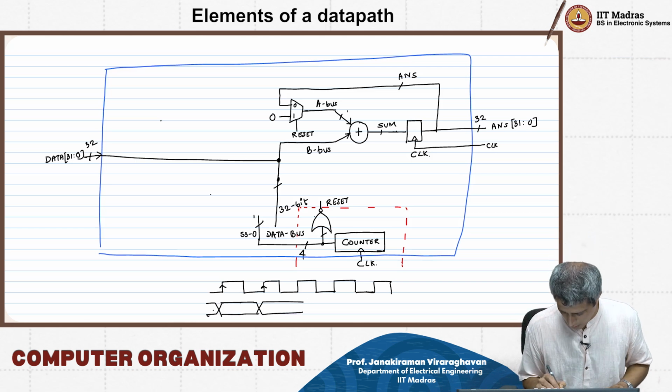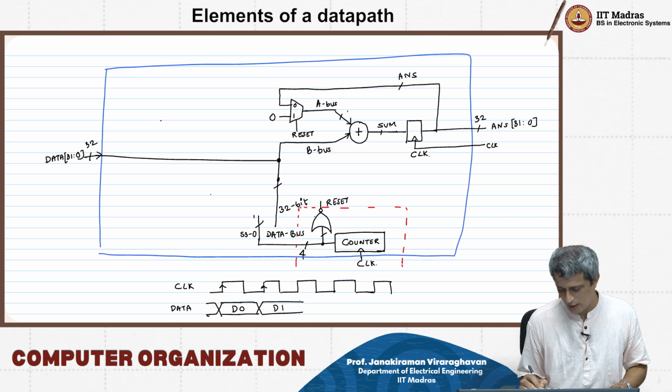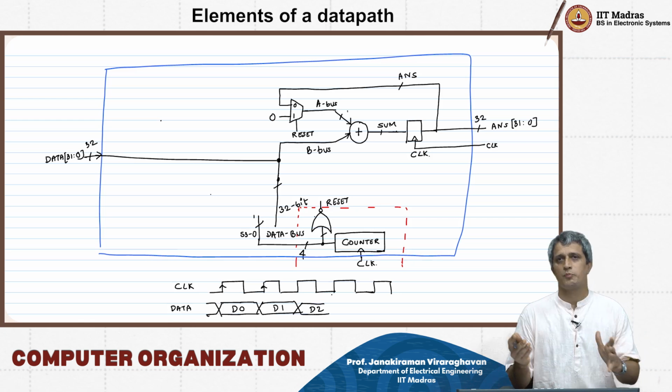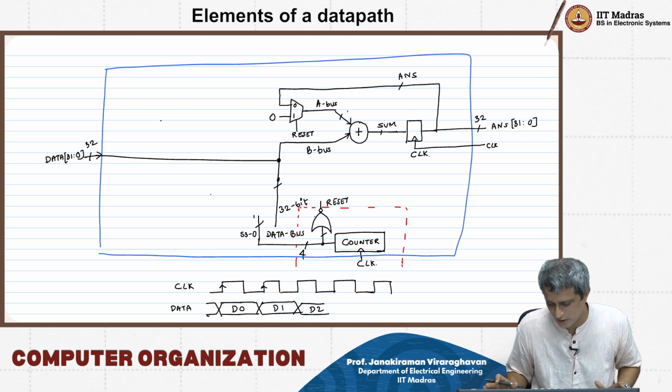And what we are going to do is say this is my data clock, and this is data state D0, D1, D2 and so on. All of this has to change before the setup time of the sampling edge, otherwise you will end up in some trouble.